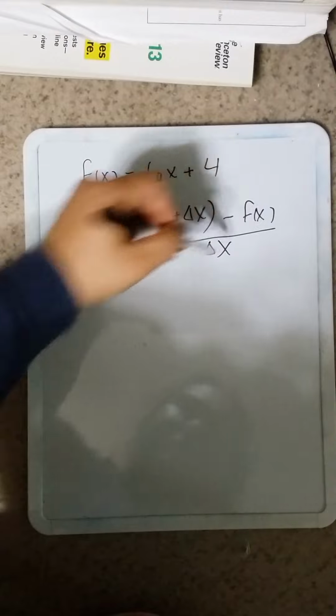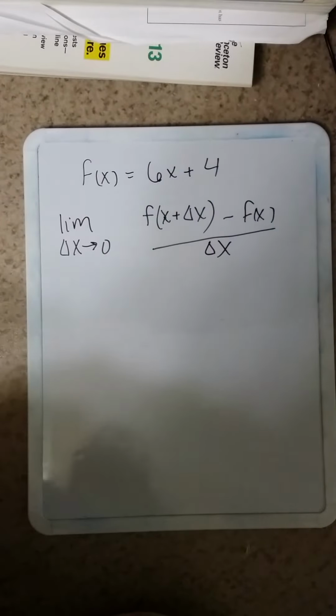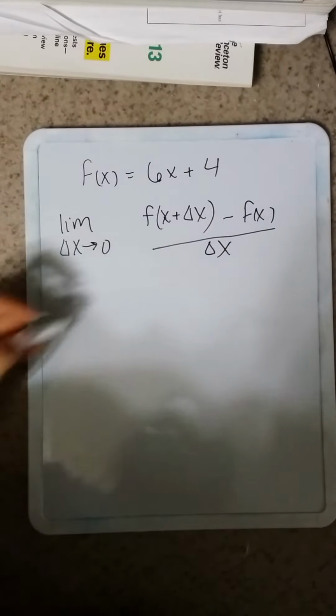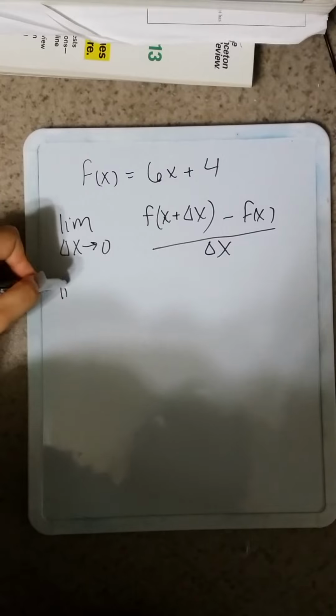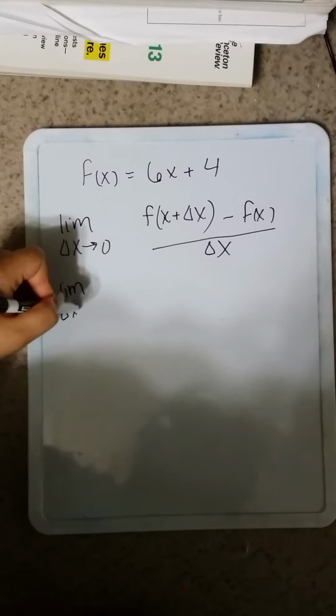The limit as change of x approaches 0 of f of x plus change of x minus f of x all over the change of x. Sorry, that's kind of messy. Let's plug that all in. Always make sure you don't forget to write the limit as change of x approaches 0.